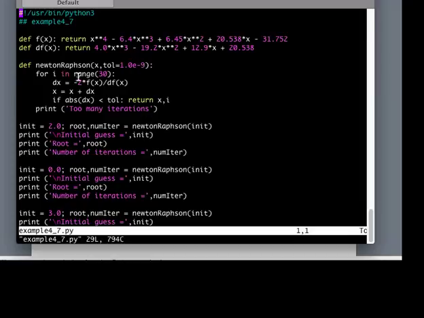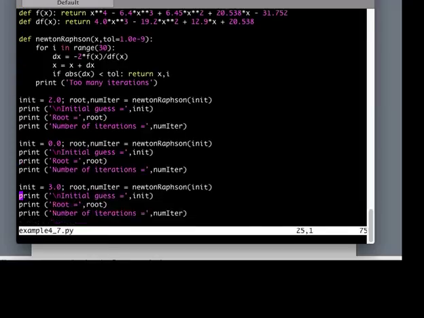What I'm showing you is three illustrations of its call. In this case, we'll choose an initial guess of 2 for the root, and then we're going to choose 0, and then we're going to choose 3. So I want to choose 3 different starting guesses for Newton and see what the effect is on the number of iterations.